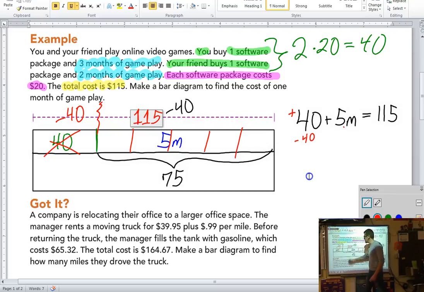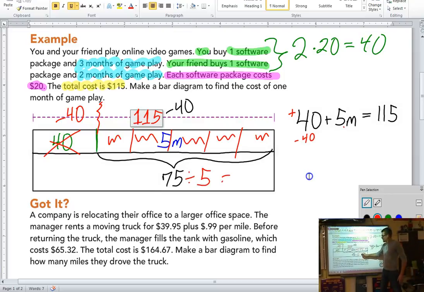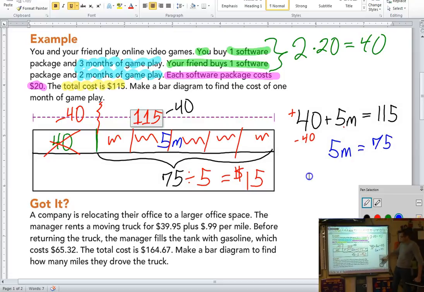So now each of these pieces will be m. And here I would do the same, divide by 5, and we get $15 per month. If I step over here and do the same thing, this would give me 5m equals 75. I divide by 5, and I get that m is 15.